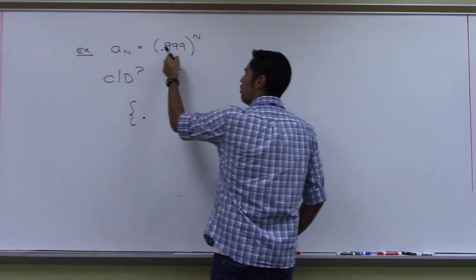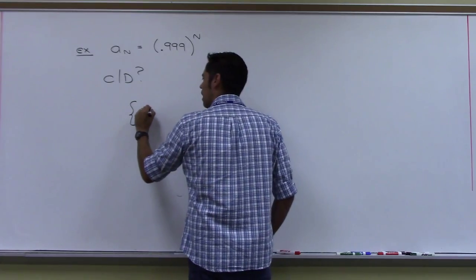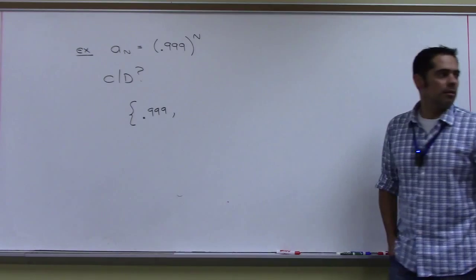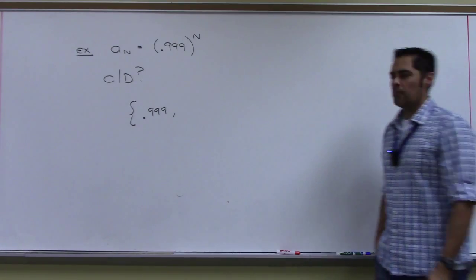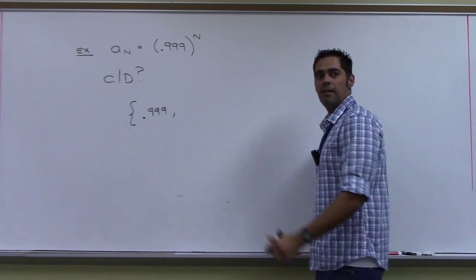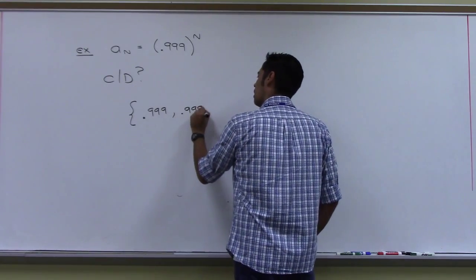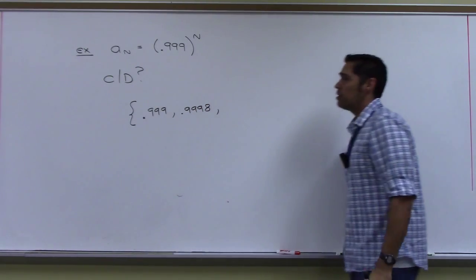If I do 0.999 to the first power, I get 0.999. What's 0.999 squared? What's 0.999 cubed?